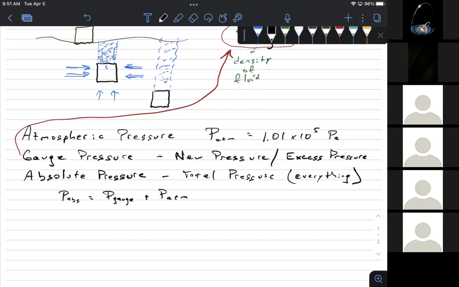How will you tell for this class? That's an even more important question. The rule I use for the classes we're doing is, unless I state specifically otherwise, you're going to be talking about gauge pressure. So if I say a diver dives 10 meters under the surface of a freshwater lake, what pressure will he feel?